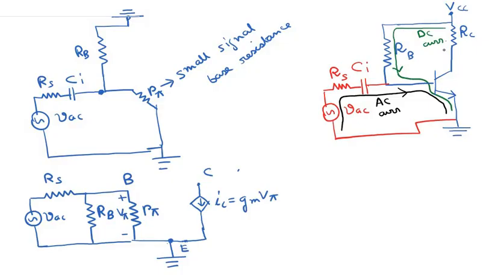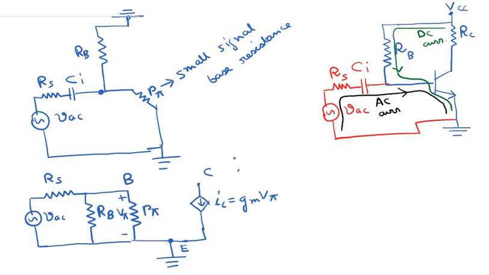Now what about this resistor and this voltage source VCC? Just as I stated before, this DC source VCC cannot create an AC current. The function of a voltage source is to induce a current, and since this voltage source VCC cannot induce an AC current through the circuit, it can be assumed to be AC ground.